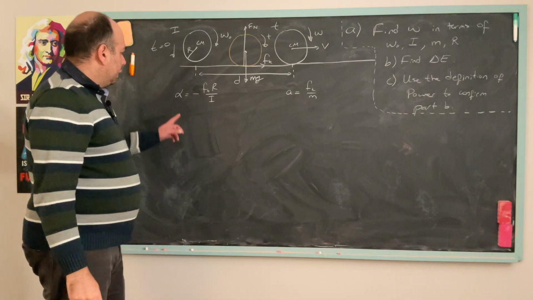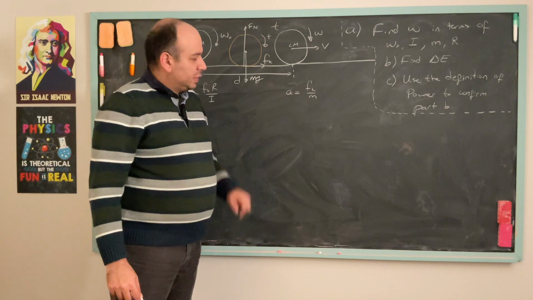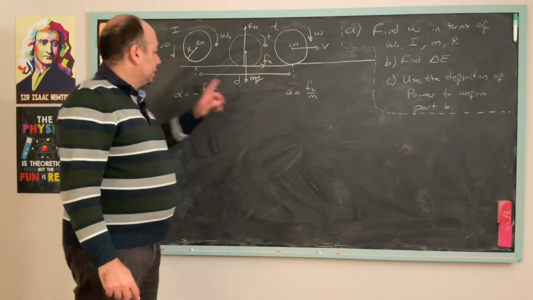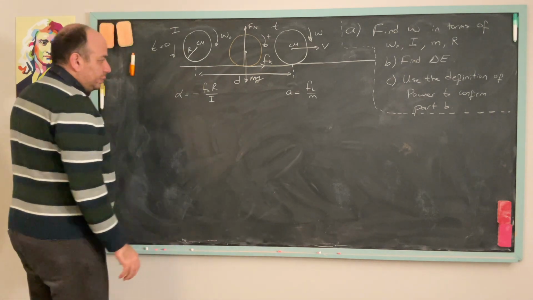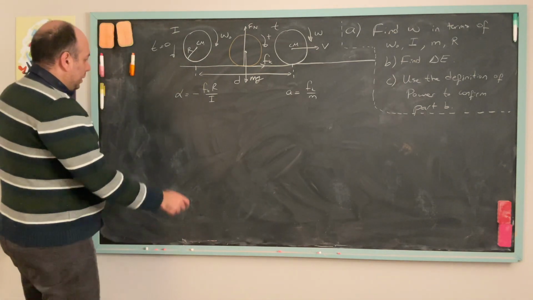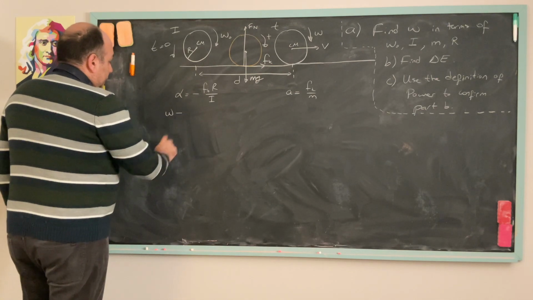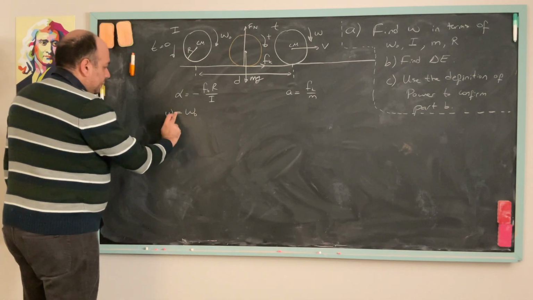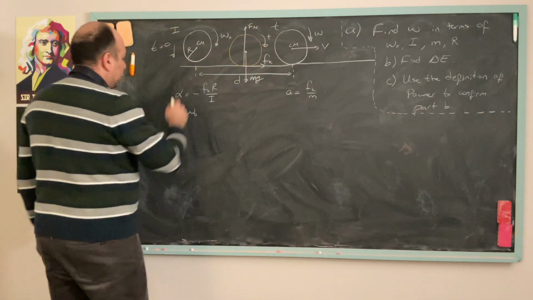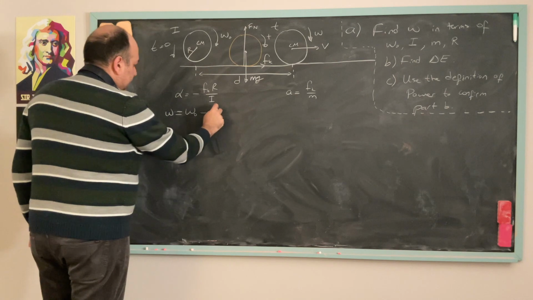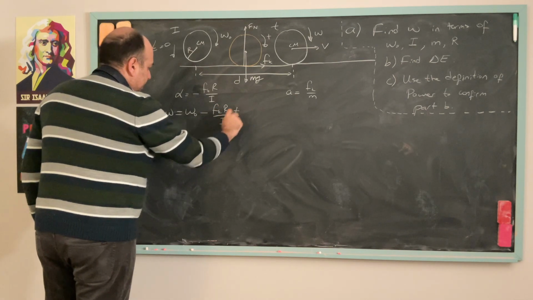Earlier, what I found was alpha is equal to minus F_k R over I, and a is equal to F_k over m. It's the linear acceleration, and this is the angular acceleration. Since they are both constants, I can simply use the kinematics equations. For this one, the final omega is going to be equal to omega naught minus F_k R over I times t.